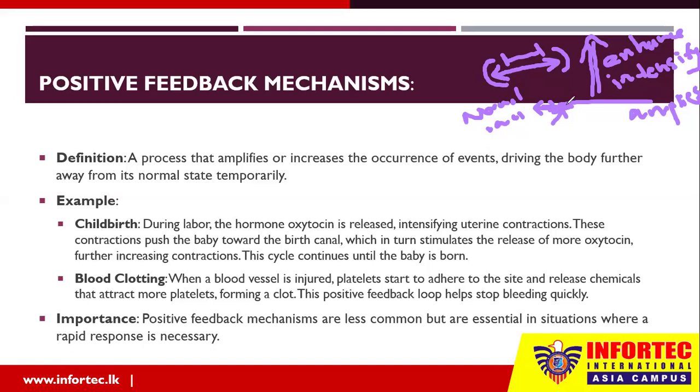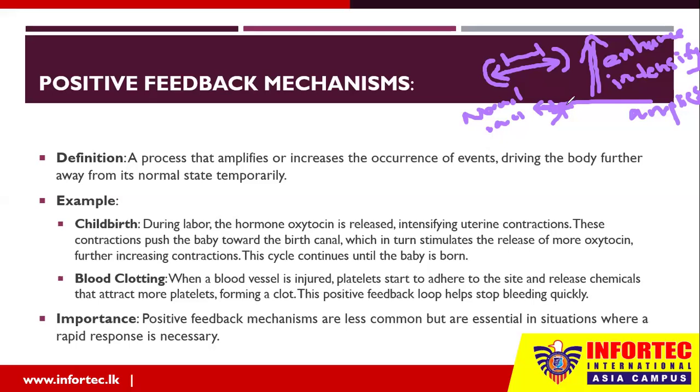So these positive feedback mechanisms are often involved in emergencies or special biological events. So what are the examples? We can take childbirth. During childbirth, our hormone oxytocin is released.